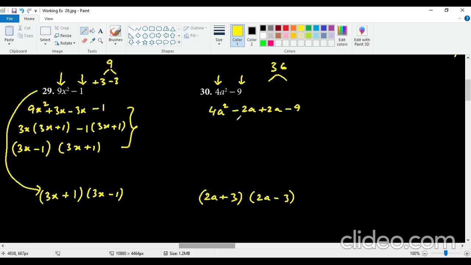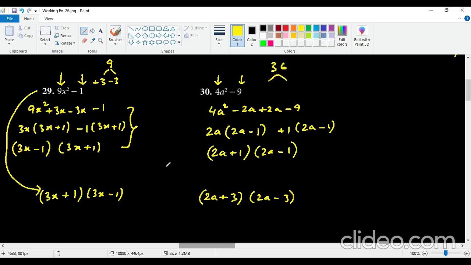Now I know very well it is 2a in the bracket and 2a minus 1. In one bracket, copy down 2a minus 1 like this, and look at the third one. It's already plus 2a, so you multiply by plus 1. So 2a plus 1 and 2a minus 1 is going to be another factor.